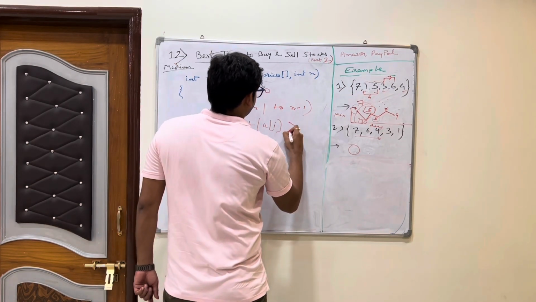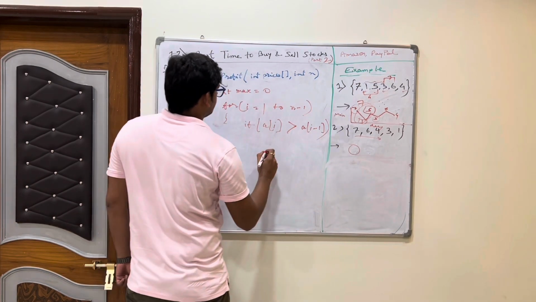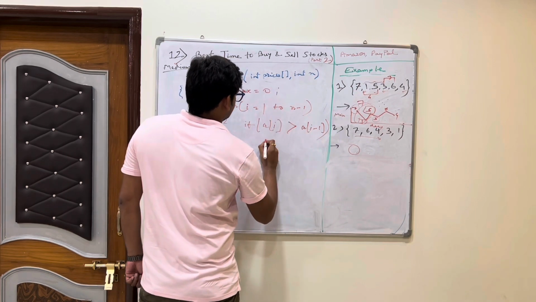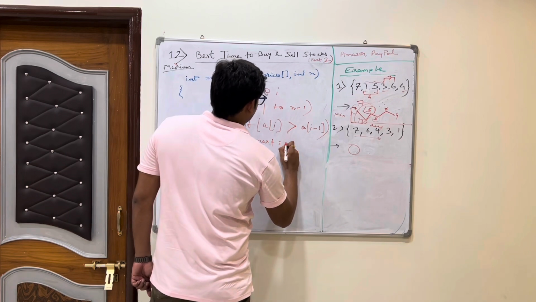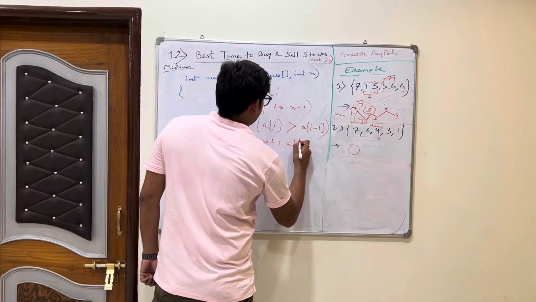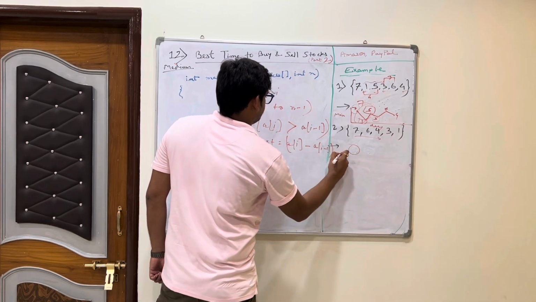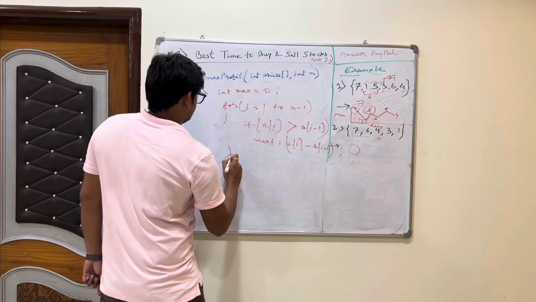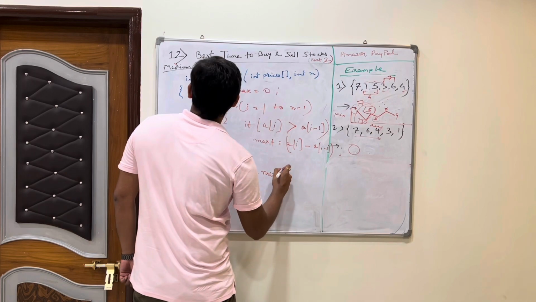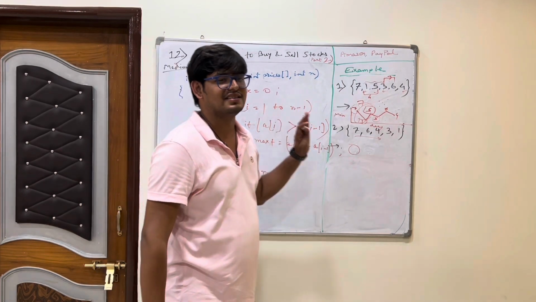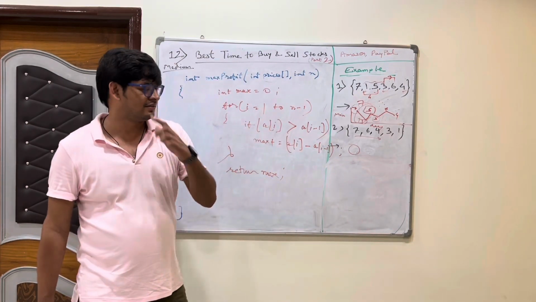So if a[i] is greater than a[i-1], then we will be adding it to max: max plus equals a[i] minus a[i-1], as simple as that. Return this. This should be an easy level question, but you need to understand this logic. Once you understand it, then you can easily solve any question.